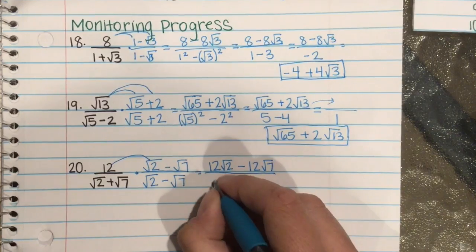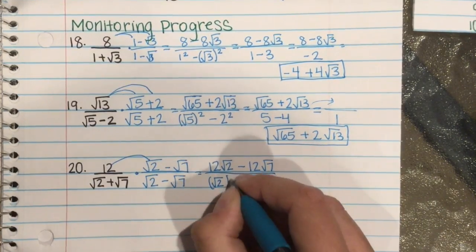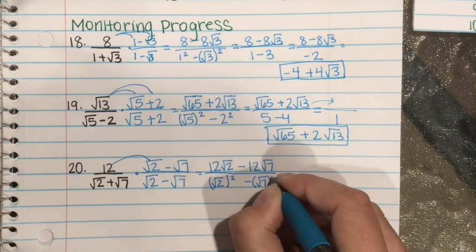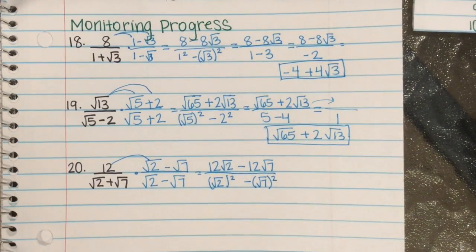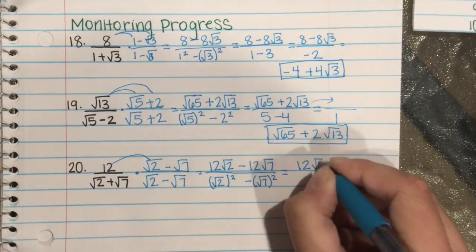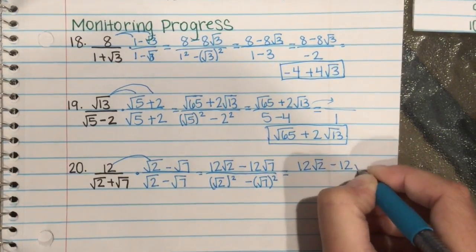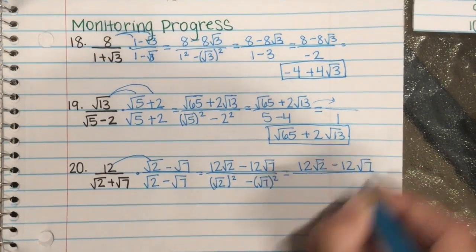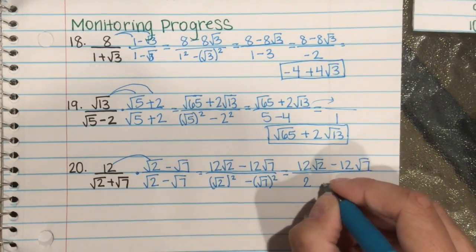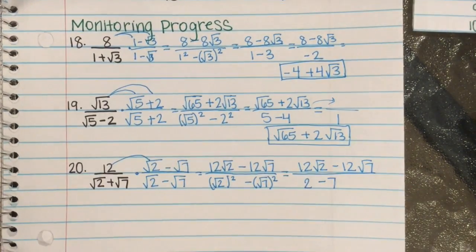In the denominator, I have the square root of 2 squared minus the square root of 7 squared. Nothing can simplify further in the numerator, so that's going to stay the same. In the denominator, square root of 2 squared is 2. Square root of 7 squared is 7, so I have 2 minus 7.